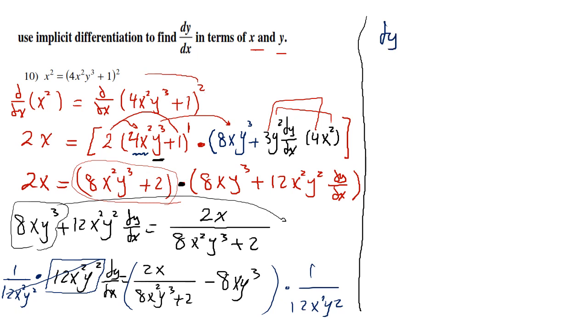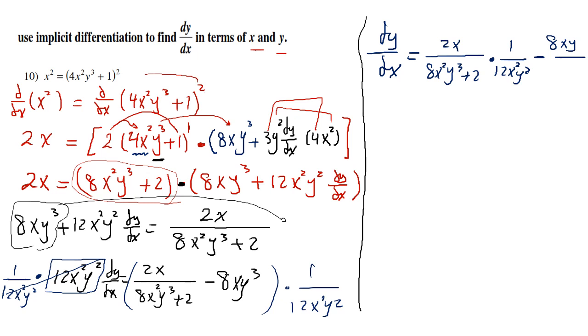So dy by dx is equal to 2x divided by 8x squared y squared power 3 plus 2 multiply by 1 over 12x squared y squared minus 8x y power 3 divided by 12x squared y squared.